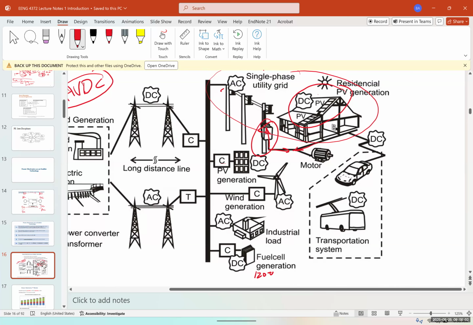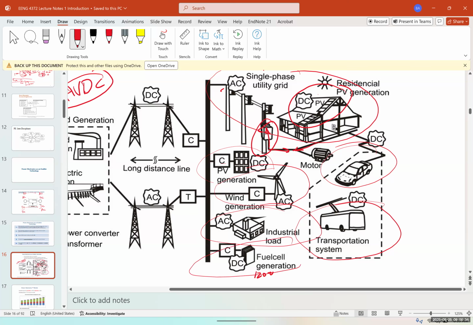And if it's directly connected to a solar power system, you need to be able to coordinate that with the grid. Any renewable energy system, wind, solar, you need to coordinate that with power electronics. If you want to charge your EV, you need to have power electronics. If you have a metro station, subway, or electric bus, you need to convert the AC to DC. Some industrial loads use AC, a few use DC.